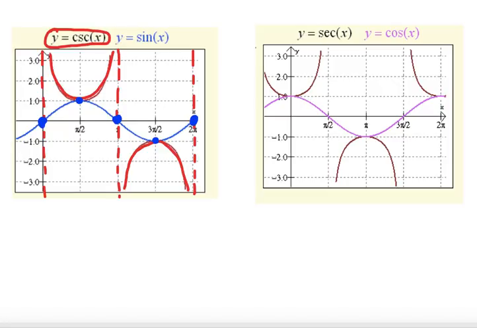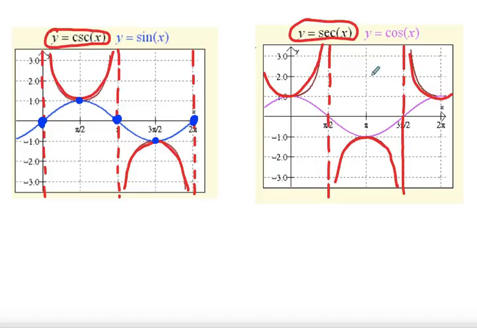And then the same thing goes over here with the secant graph. So the secant graph is the U shapes. And again, there would be asymptotes. So there would be an asymptote here. There would be an asymptote here. And secant is based off of the cosine graph.